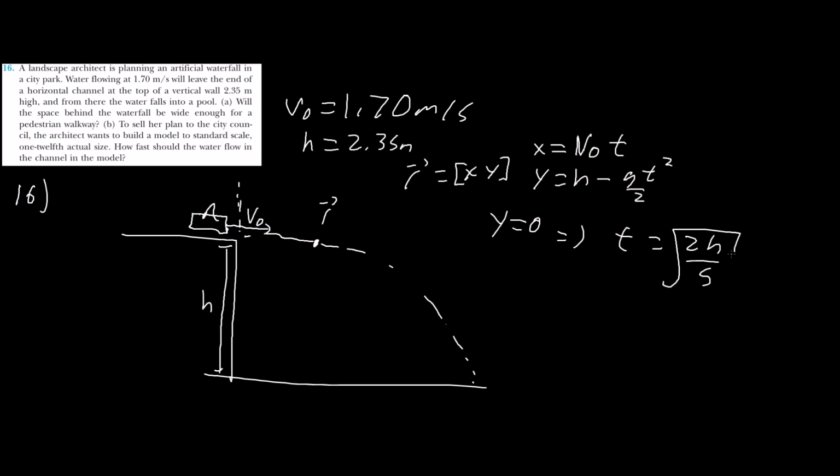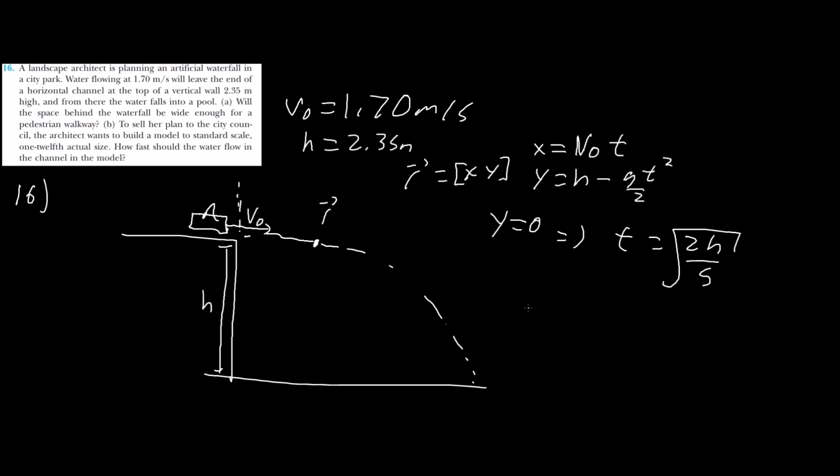That's the time it takes for the height to be 2.35 meters, and the speed is 1.70 meters per second. So the square root of 2h divided by g would be the time it takes, which is going to be 0.69 seconds. So v times that.